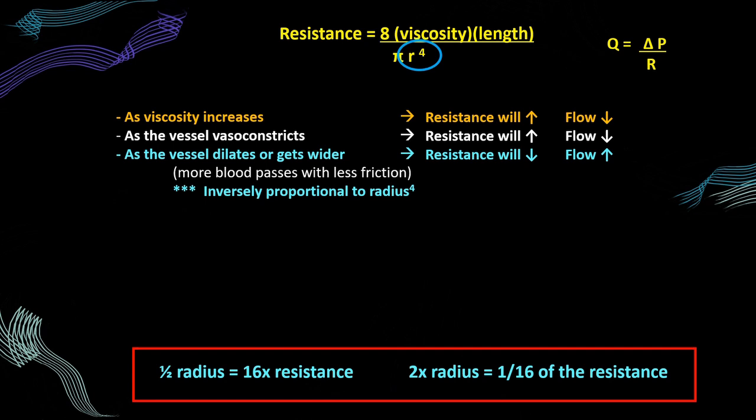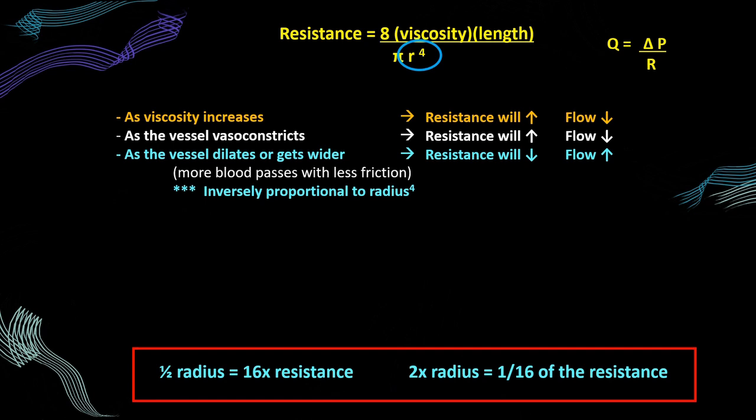As a vessel vasoconstricts, that's going to decrease the radius. As the radius goes down, the resistance is going to go up, and if I use this equation over here, as the resistance goes up, my flow is going to go down.